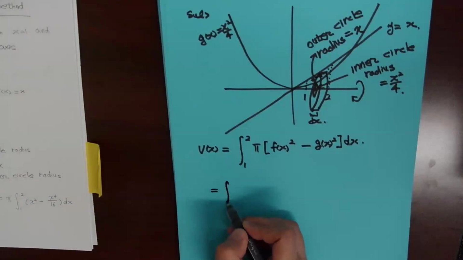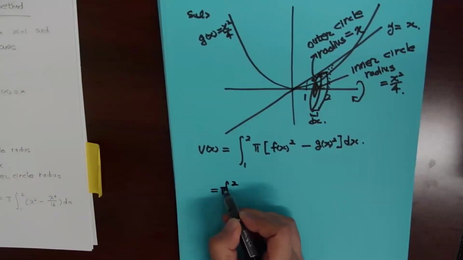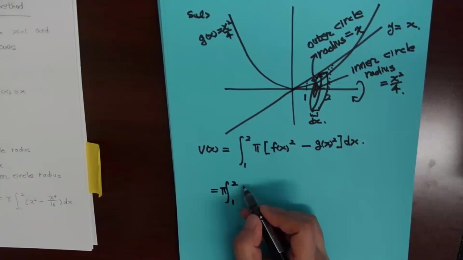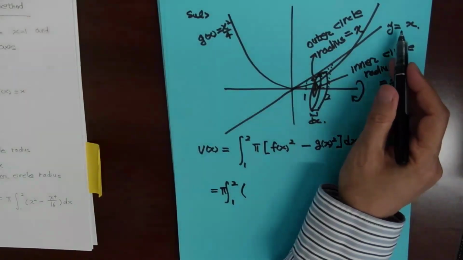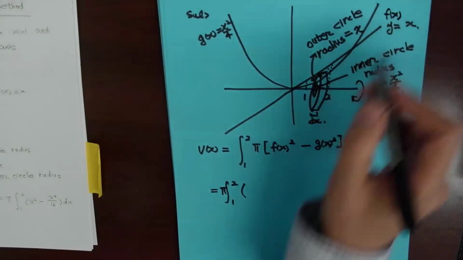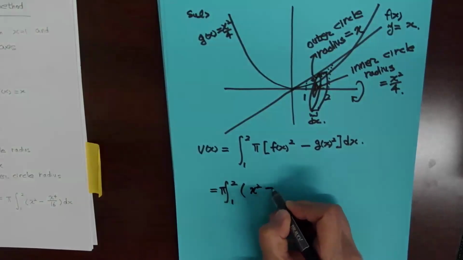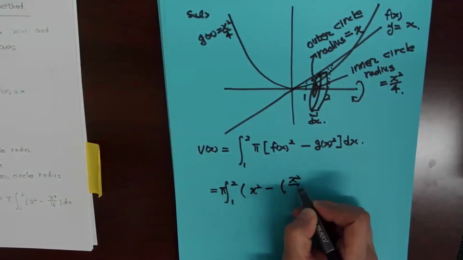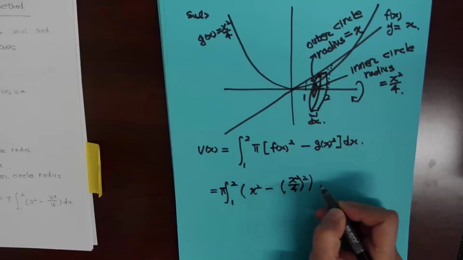So that is the integral from 1 to 2 of pi times f of x squared minus x squared over 4 squared, dx.